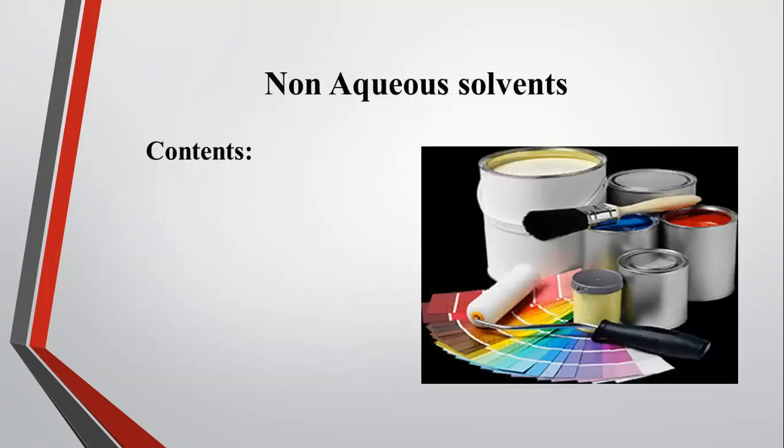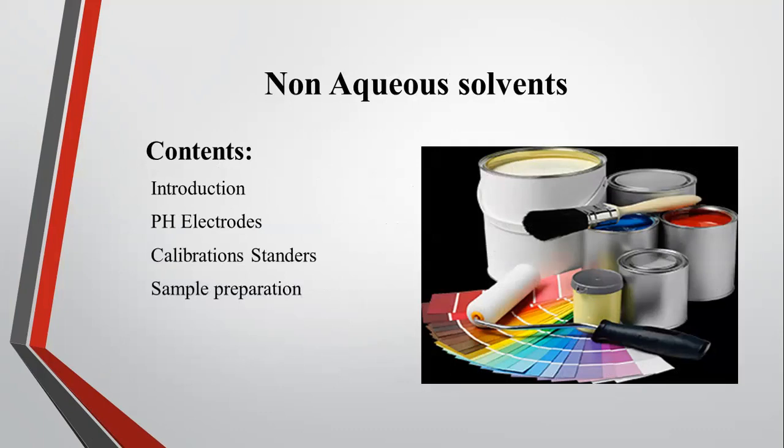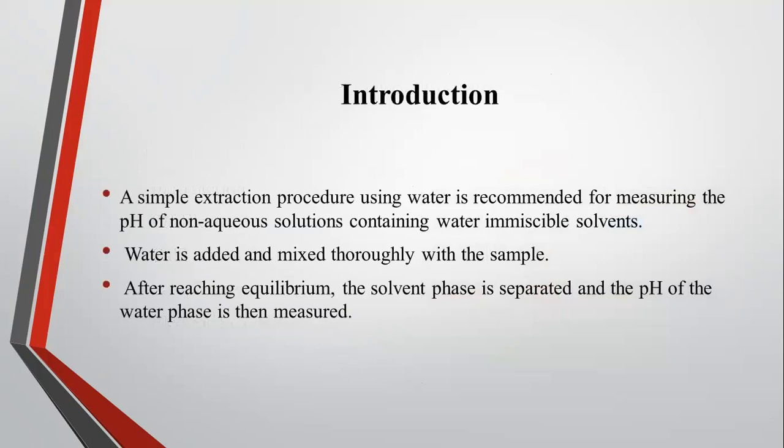Now we talk about non-aqueous solvents. Contents: introduction, pH electrodes, calibration standards, sample preparation, and electrode conditioning. So, introduction to non-aqueous solvents. A simple extraction procedure using water is recommended for measuring the pH of non-aqueous solutions containing water-immiscible solvents. Water is added and mixed slowly with the sample.